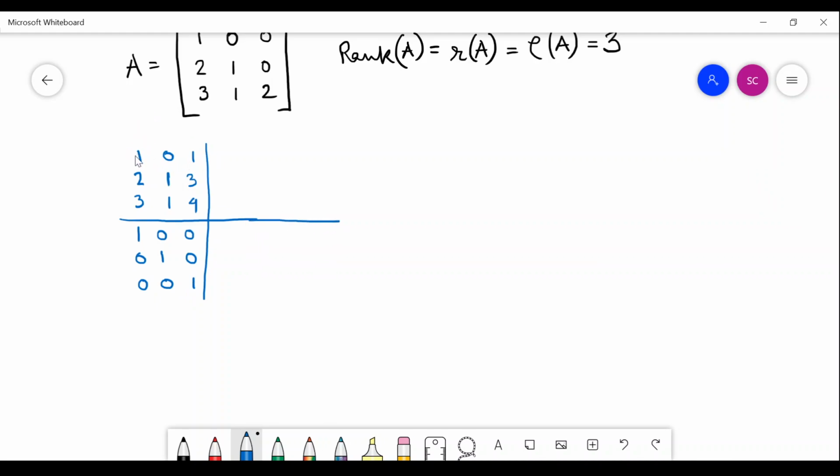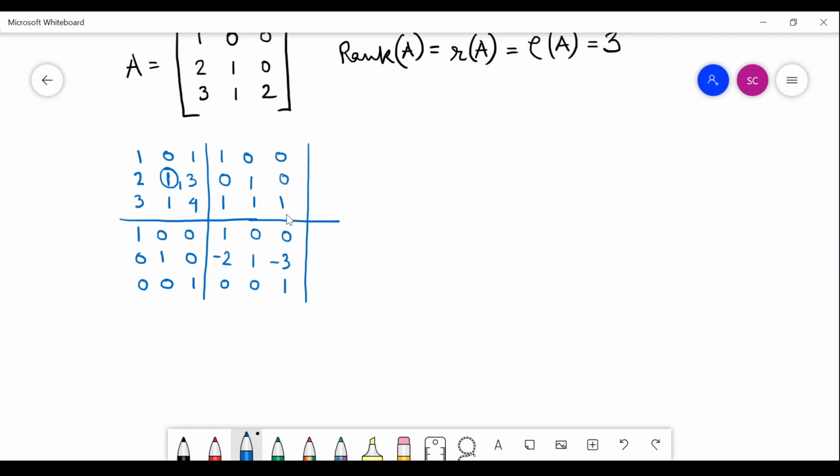Suppose I take this as the first pivot element, this one is better, no? So this one as the first pivot element: 1 0 1 1 minus 2 0 0 1 1 1, 0 0 1 0 minus 3 1.